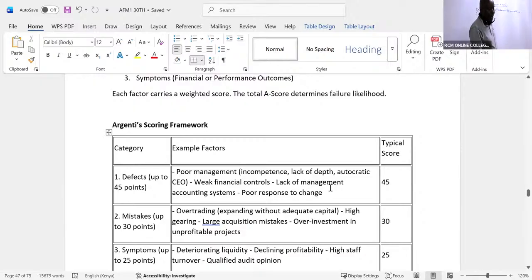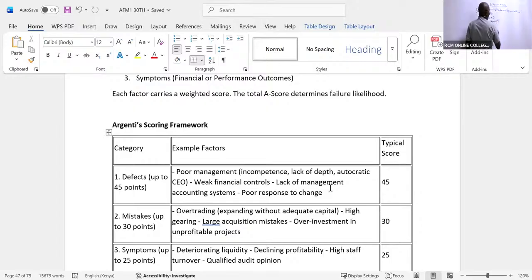So I would want you to give your organizations a score in terms of, number one, defects, out of 45 points. How many marks? I would want us to do this practically, in terms of your own company. If your company is doing very, very well, it's non-defective, you rate it at 0. And if it is very, very defective, you give it how many points?